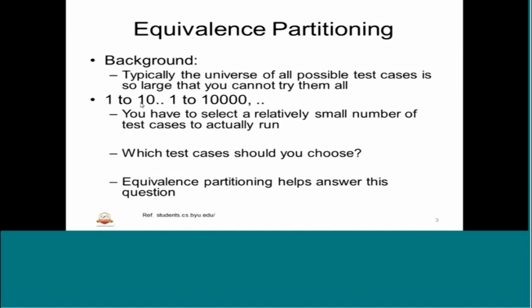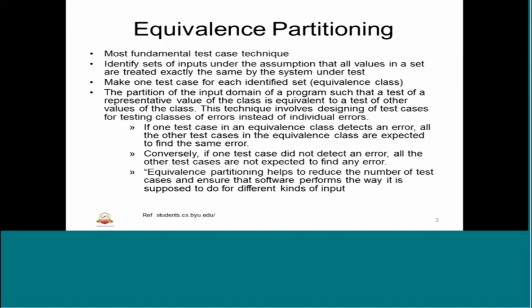That means identifying the sets of inputs under the assumption that all values in the set are treated exactly the same by the system under test. As I said, you feed all these values, the behavior is the same, the output is the same. That means we are able to test with these values.